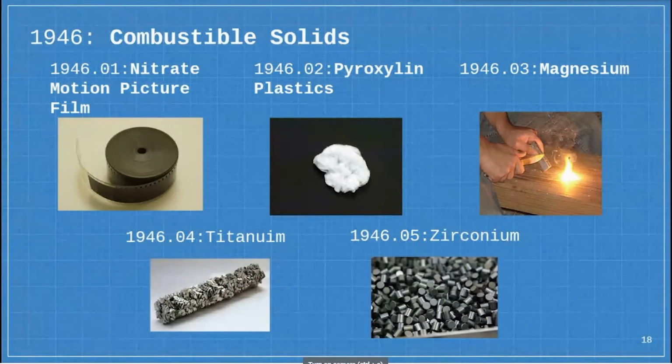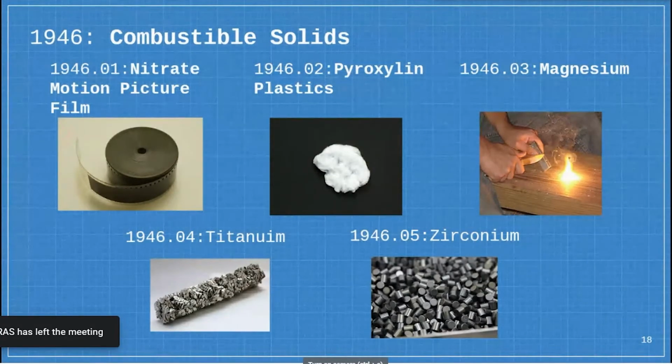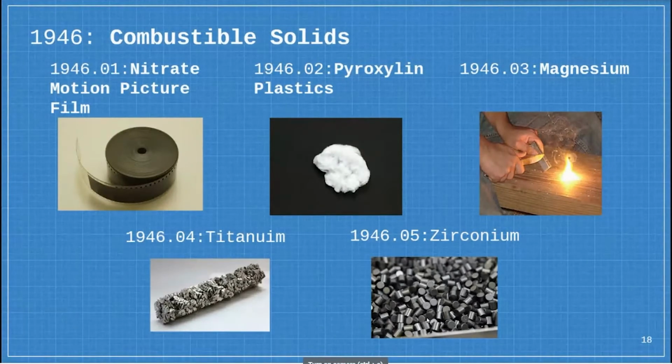So para mag-store ng mga nitrate motion picture, keep the relative humidity between 30 to 40%. Do not store in non-ventilated or sealed containers like tape, cans, or boxes. And keep the storage area well ventilated.